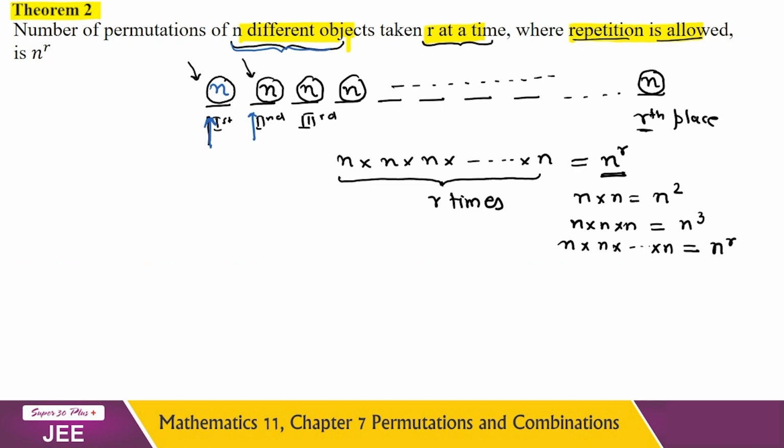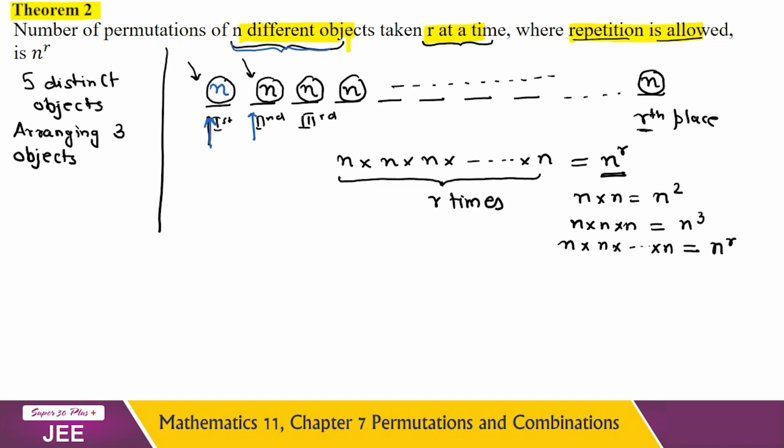For example, if we have 5 distinct objects, and out of these 5 we are arranging 3 objects, then in how many ways can this arrangement be done such that repetition of objects is allowed? So in this case, how many objects are to be arranged? 3 objects.